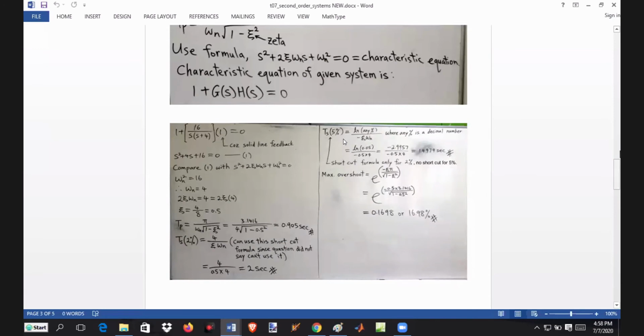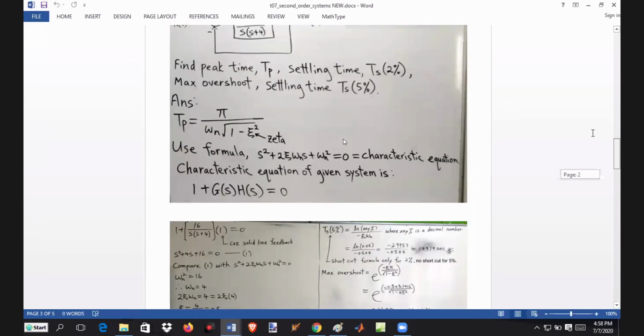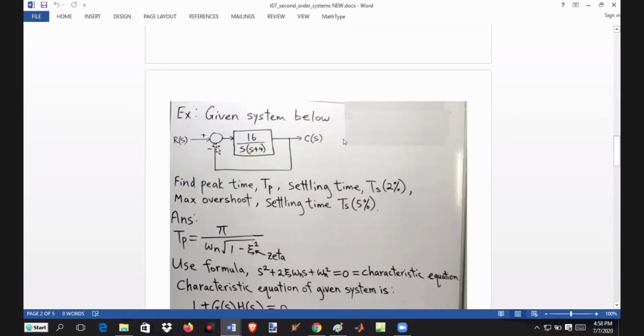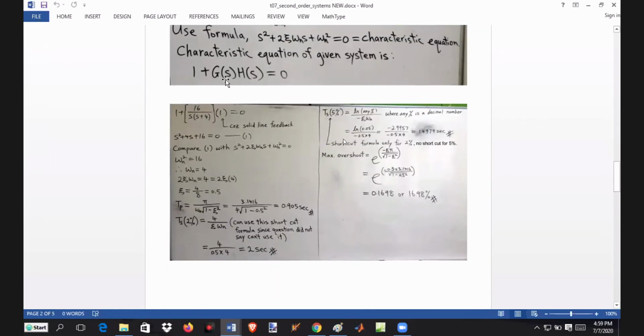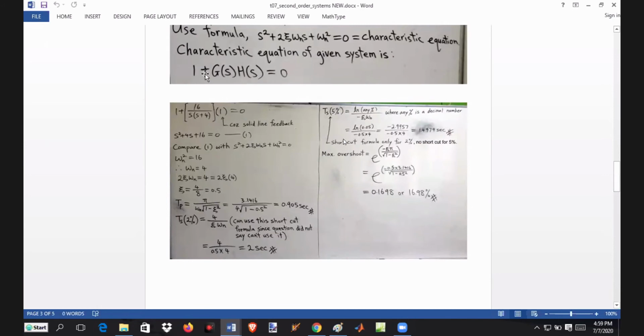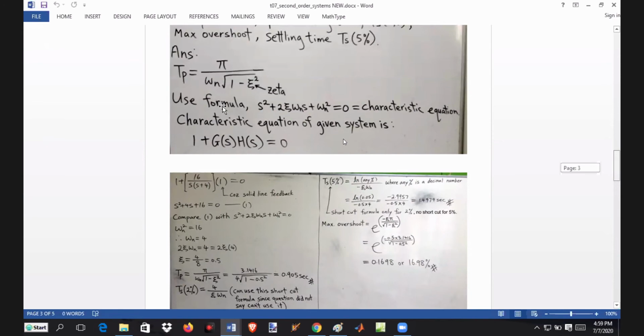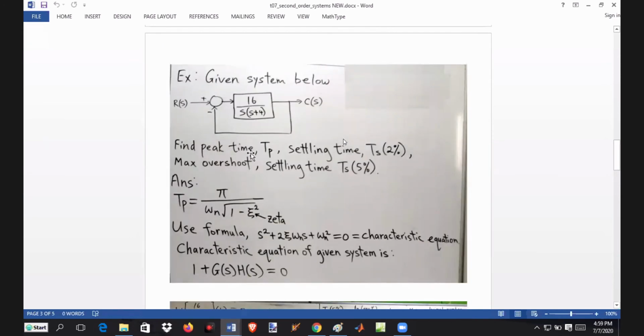This is negative feedback. When you come across feedback questions, the first thing to look at is the summing junction. See whether it's negative feedback or positive feedback. This is negative feedback. So the next thing to do is to get the characteristic equation, which is 1 plus GSHS, the bottom half. You work out the transfer function, CLTF equals GS over 1 plus GSHS.